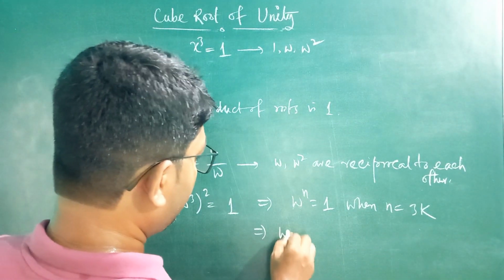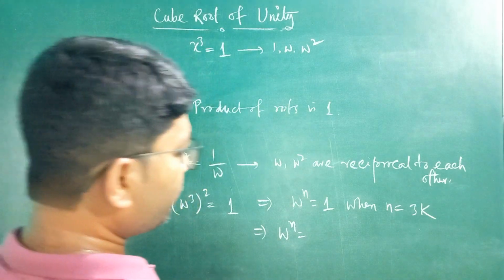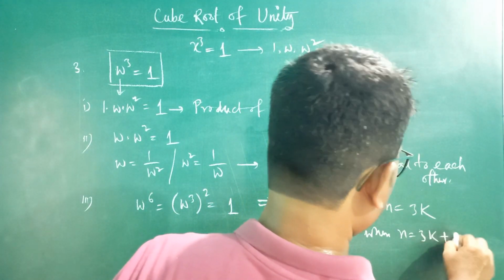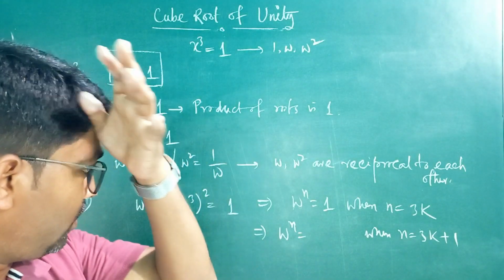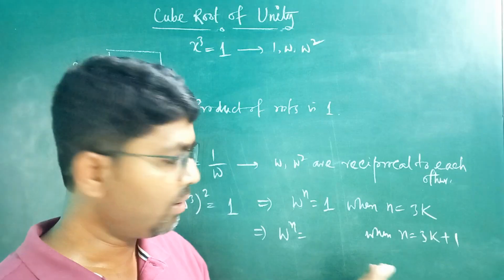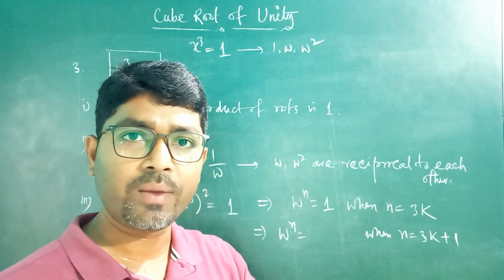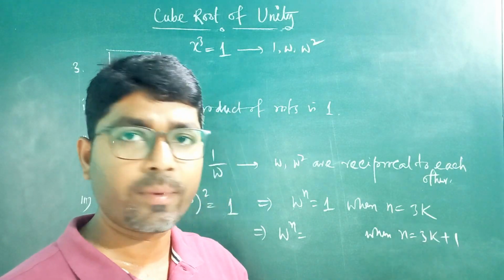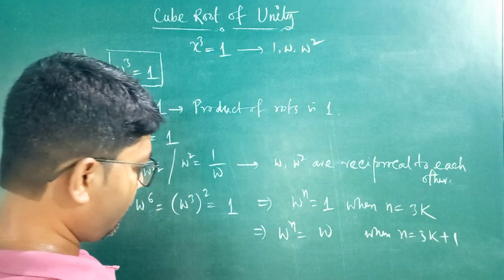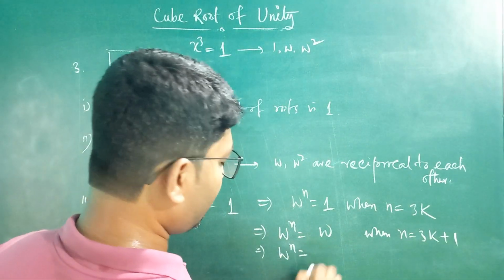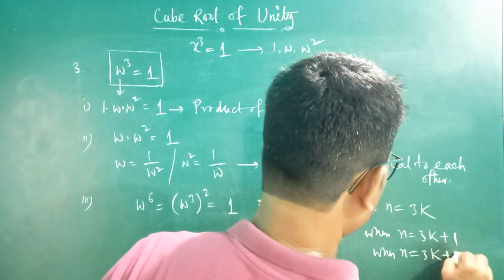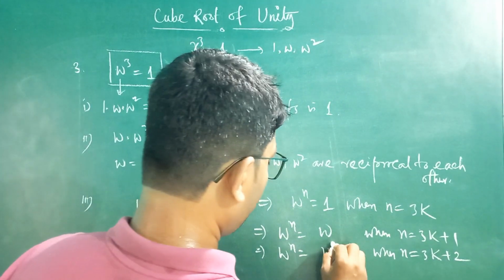Now, if this n equals 3k plus 1, that is, if you can express this n in the form 3k plus 1, that is, when you divide the number by 3, you get 1 as remainder, then what will be your result? This one will be omega. And omega to the power n, when n can be written as 3k plus 2, this one will be omega square.